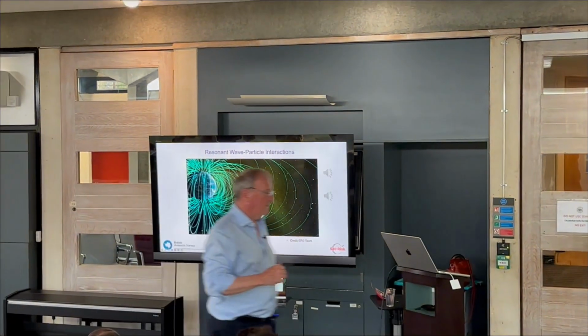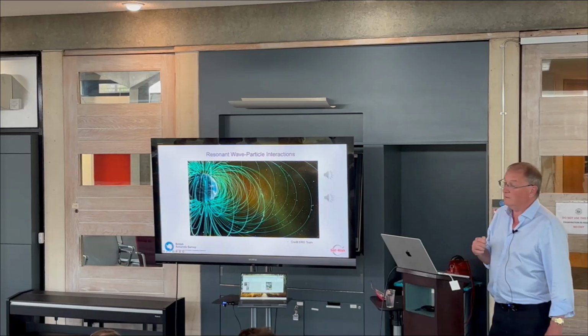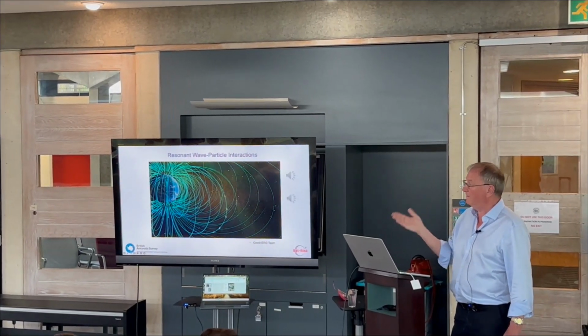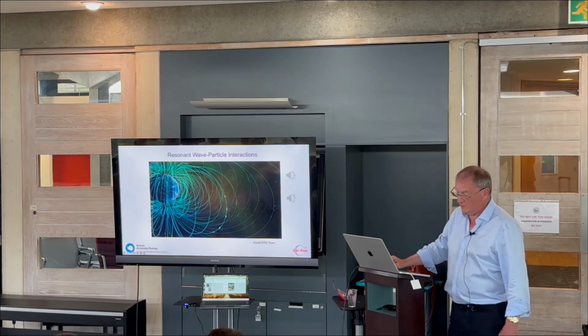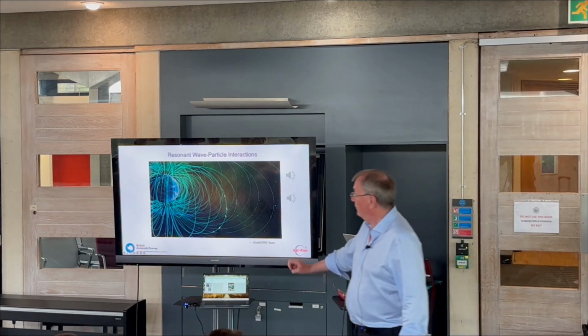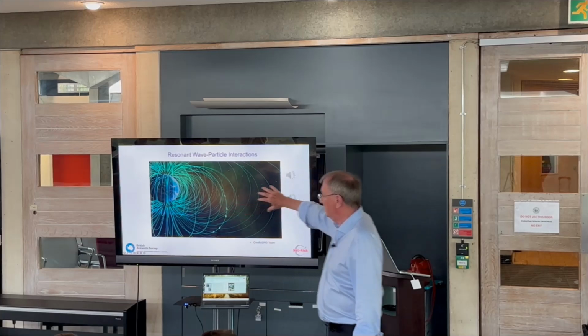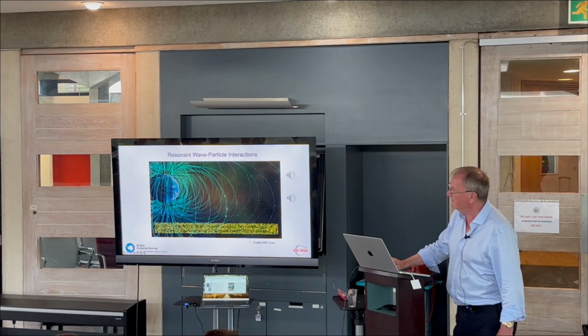Now, from when the radiation belts were discovered in 1958, all through the 60s, 70s, 80s, and early 90s, we thought we understood how these radiation belts were created, and how these particles were accelerated to very high energies. Turns out it wasn't the whole story.